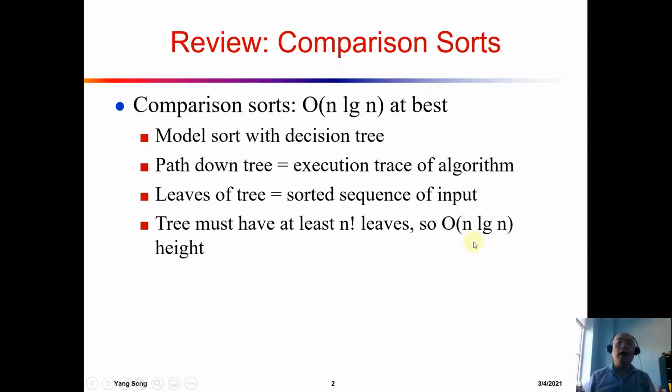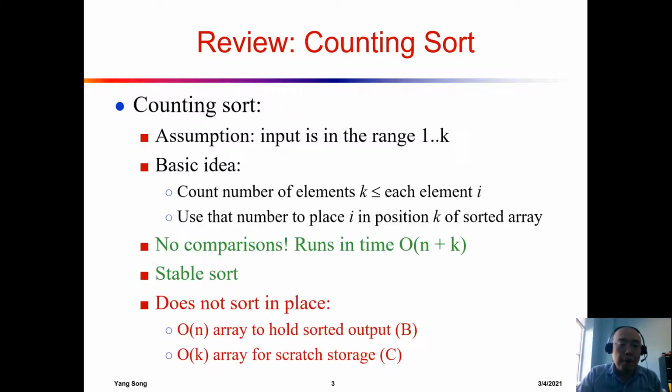And if the height of the tree is O(n log n), this means from the very beginning we do one comparison, and then go down to the last comparison, and there are O(n log n) comparisons to do. This means n log n is the lower bound possible for this kind of comparison-based algorithm.